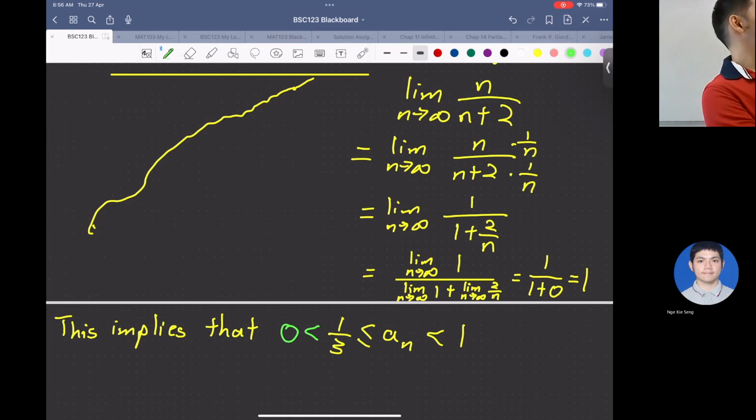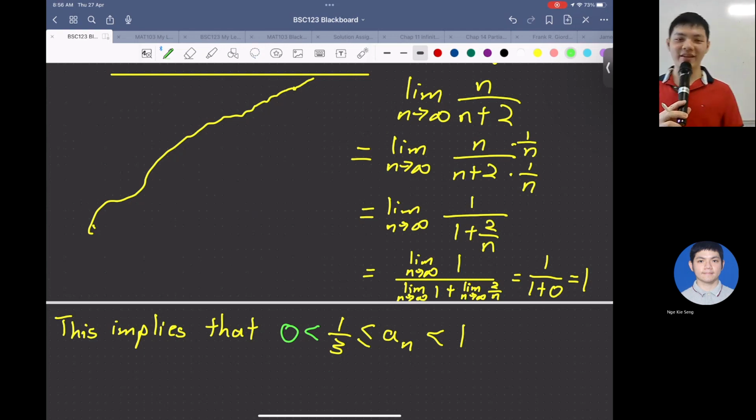No one wants to challenge why a_n is less than 1? If you believe, then we can close the case.